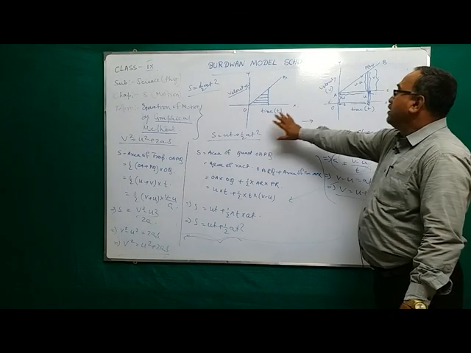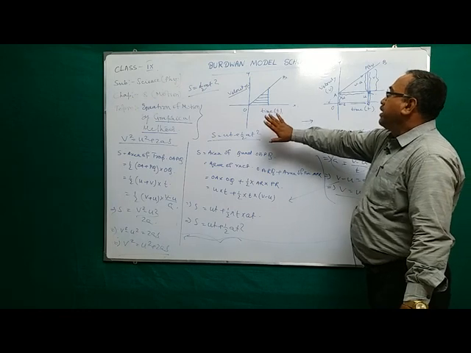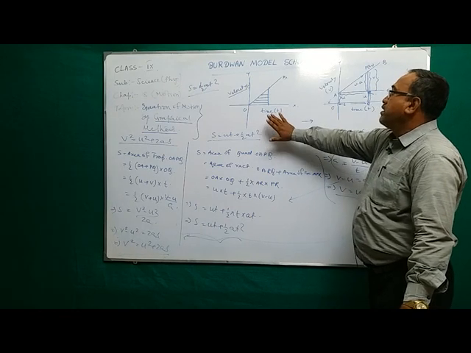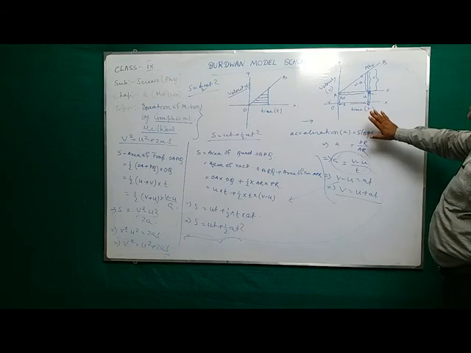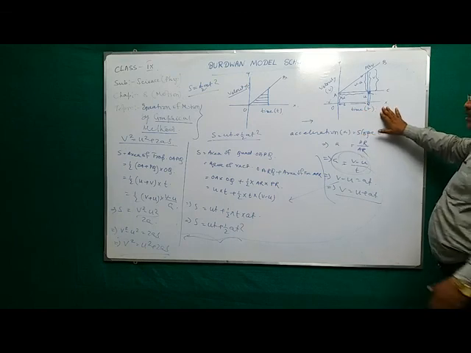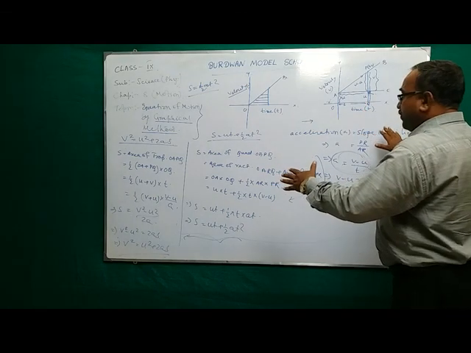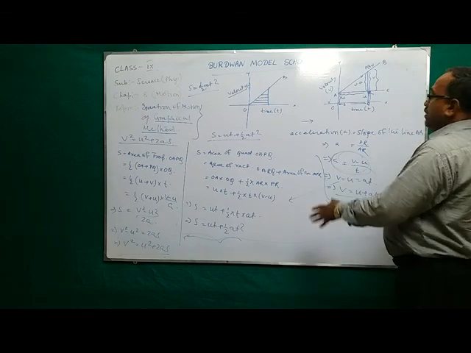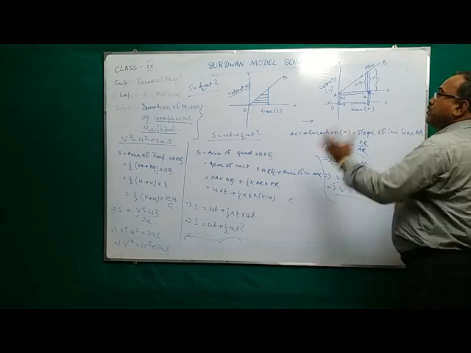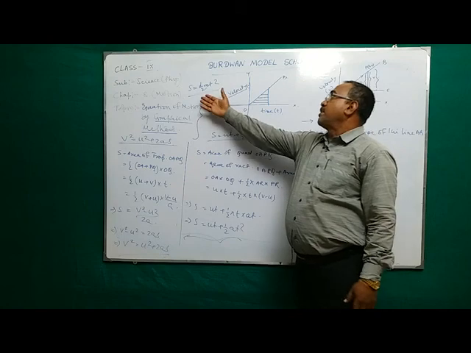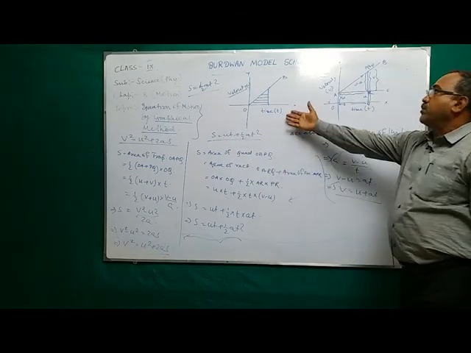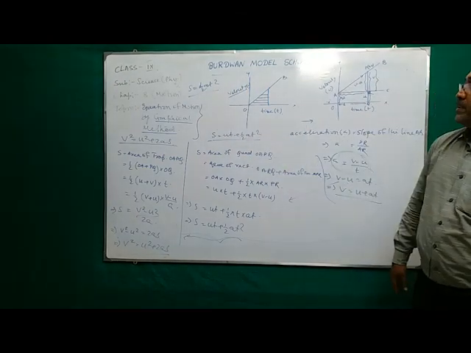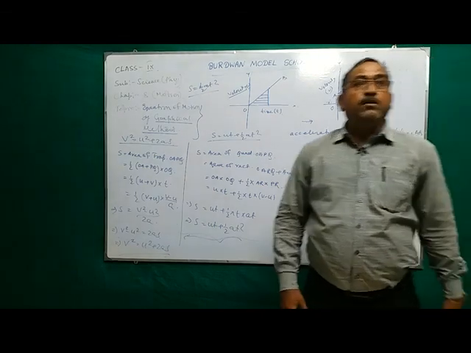Both are correct, but when the object starts from rest, you draw this. When the object starts from initial velocity, you draw this. When you derive the equation with the help of this graph, if you see this type of question in your question paper, then you draw this type of graph. Thank you, my dear student.